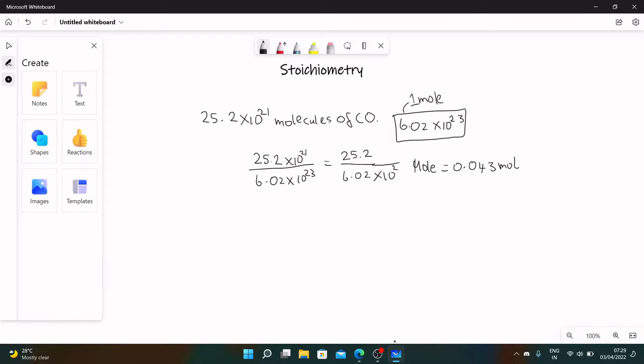This is all you have to do when you've been given the number of molecules instead of the moles. You just need to divide by the number of molecules in 1 mole.